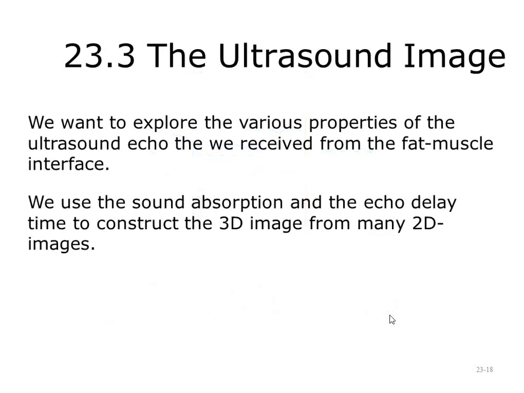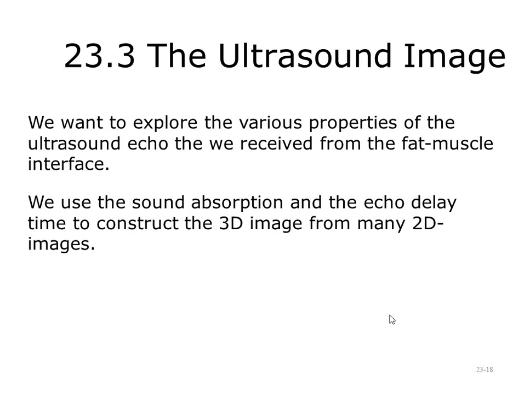We want here to explore the various properties of the ultrasound echo that we received from the fat muscle interface. Therefore, we use two very important parameters called the sound absorption and the echo delay time to reconstruct the three-dimensional image from the many two-dimensional images.